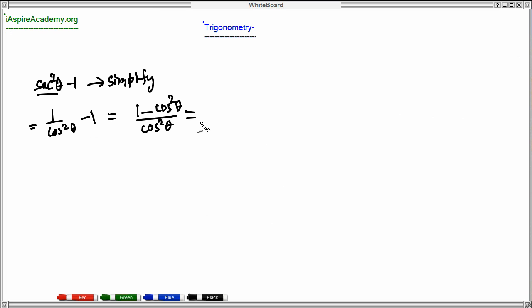So this is equal to, 1 minus cosine square is sine square theta, over cosine square theta. So that is equal to tangent square theta. So I think that was pretty straightforward. We only had to apply the formula sine square theta plus cos square theta equal to 1.